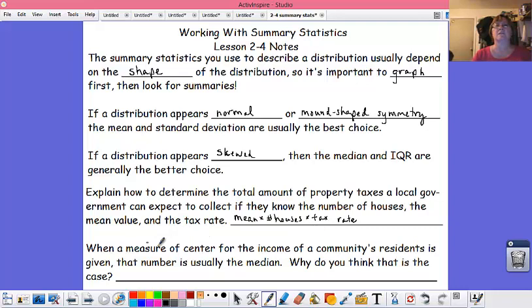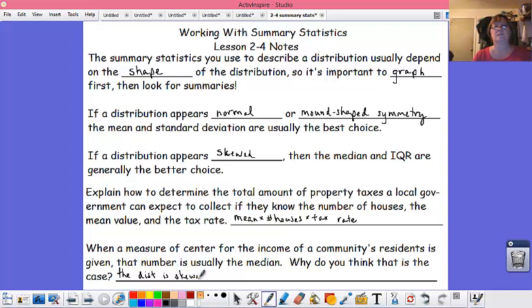So think about this. When a measure of center for income of a community is given, usually it's the median. They talk about the median income. Why do you think that is? Well, we've said that the median is a good choice for skewed distributions, and in many communities, folks, that's the case. It depends, of course, on the neighborhood. The distribution is skewed.